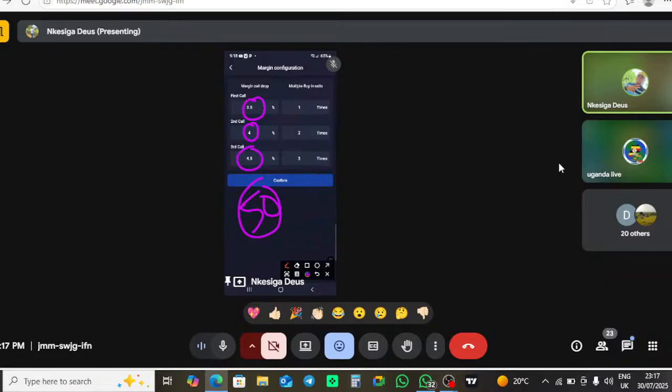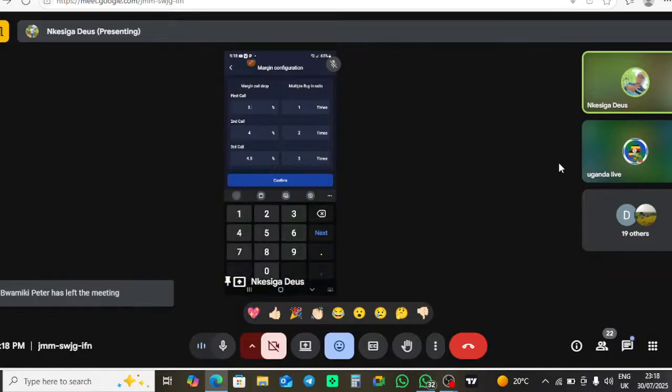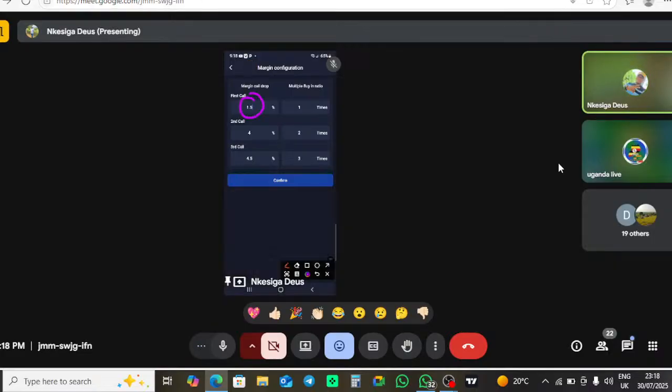When I multiply by 10, I make sure when I add them together, I get 50. Now, for example, if I put 1.5, it means 1.5 times 10, which will be 15.